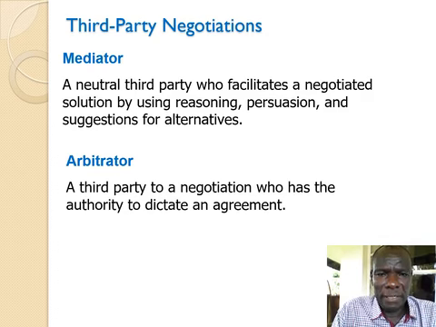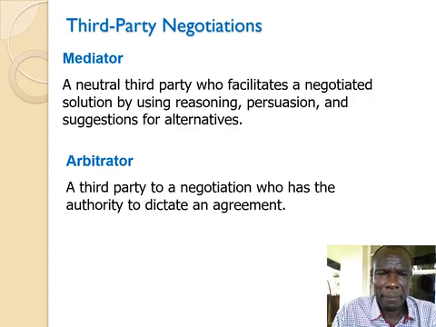Having looked at those factors for negotiation, we move to the third-party negotiations. This is where you involve third parties in the negotiation. We have been talking about party A and party B in the negotiation process. But here we bring party C, and that party C is called the third party. It can be a mediator, which is a neutral third party who facilitates a negotiated solution by using reasoning, persuasion, and suggestions for alternatives.